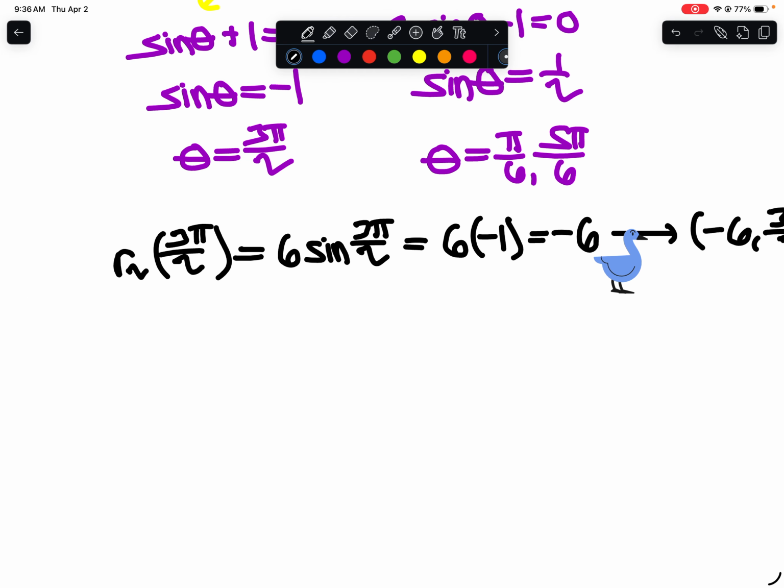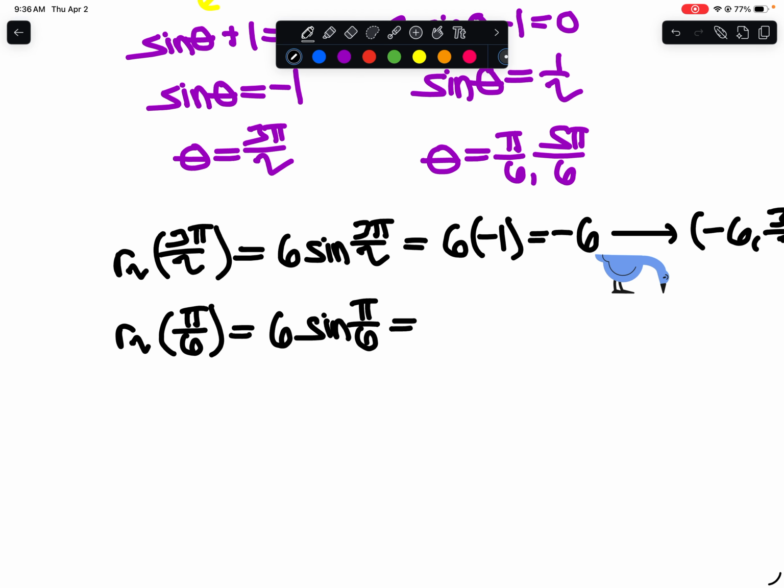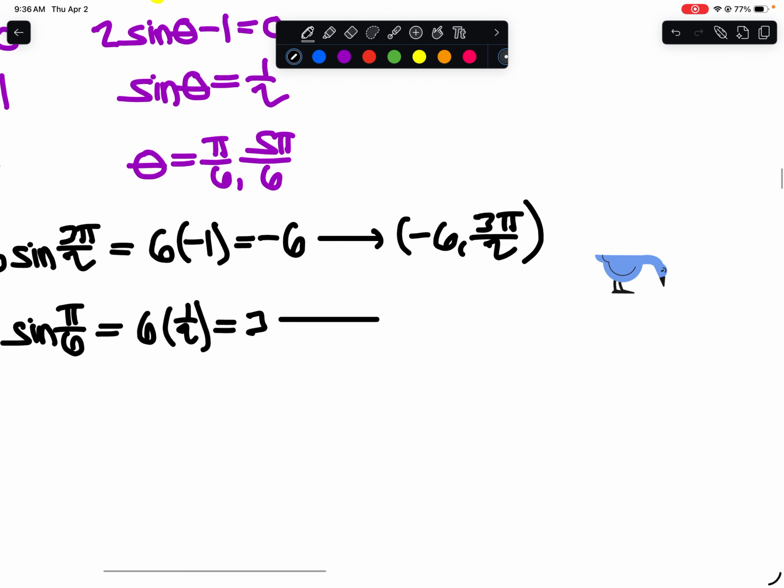So now I'm going to plug in the pi over 6 and the 5 pi over 6. So R2 of pi over 6. So this is going to be 6 sine of pi over 6. So sine pi over 6, which is 1/2. So that's going to be 6 times 1/2, which is just going to give me 3. So this is going to generate the point 3 in the direction of pi over 6.